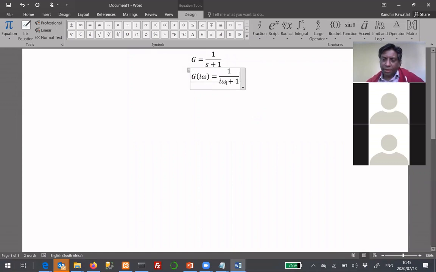Right, and we don't like a complex number in the denominator here, so let's multiply numerator and denominator by 1 minus I omega. And in fact, let's rewrite this slightly differently. So let's write it as 1 plus I omega. So multiplying here.